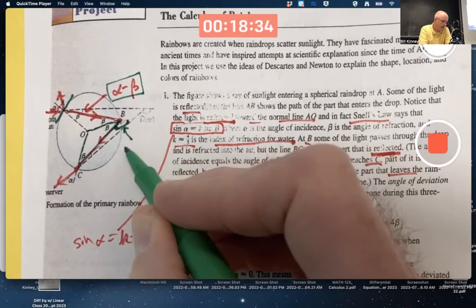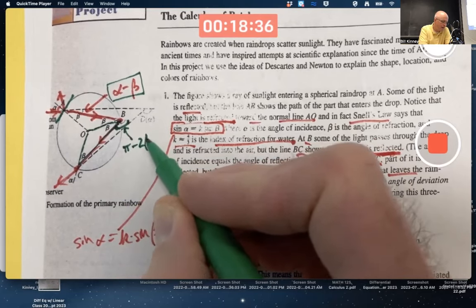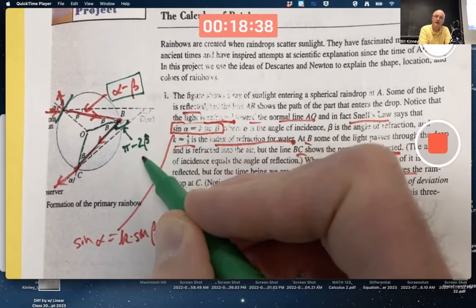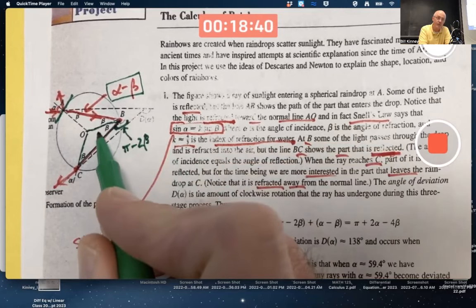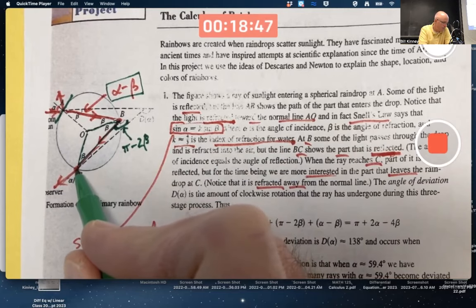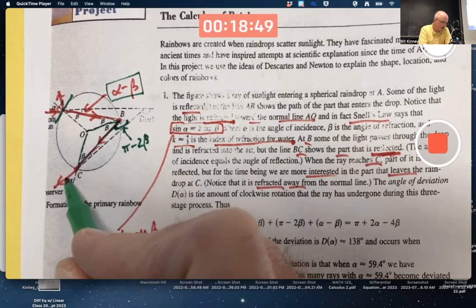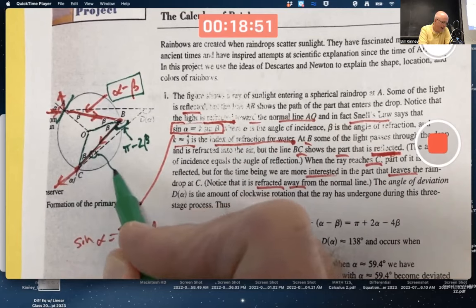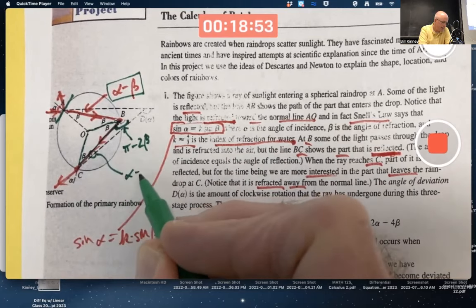In radians, that would have to be pi minus 2 beta, because pi radians is 180 degrees, and both of these two angles are beta. And then there's a final small amount of turning going from this direction to this direction, specified by that angle right there, and that's also alpha minus beta.